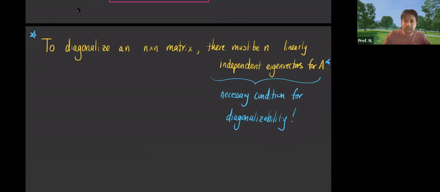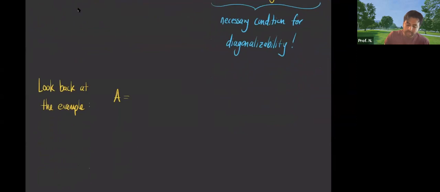So if we look back at the example, the matrix A was 6, 3, -8, 0, -2, 0, and 1, 0, -3.